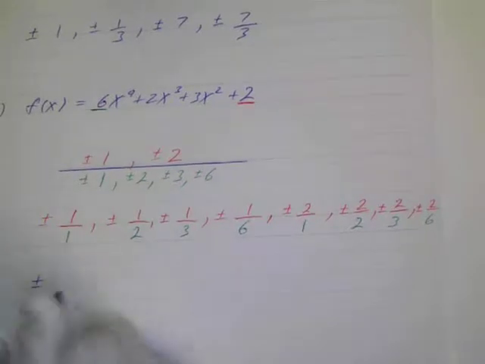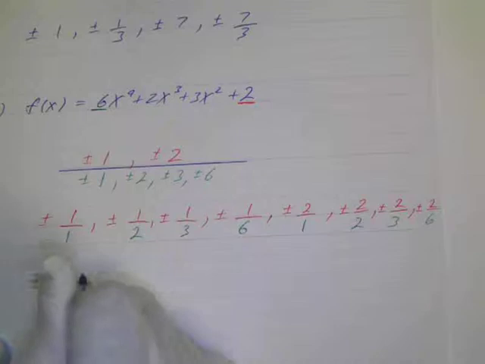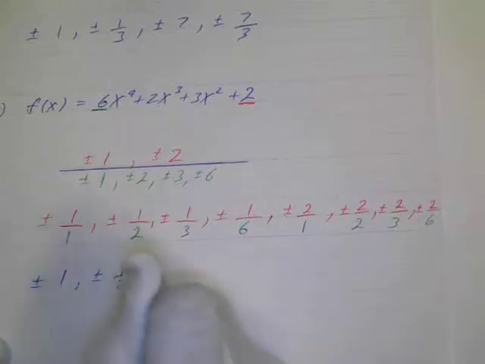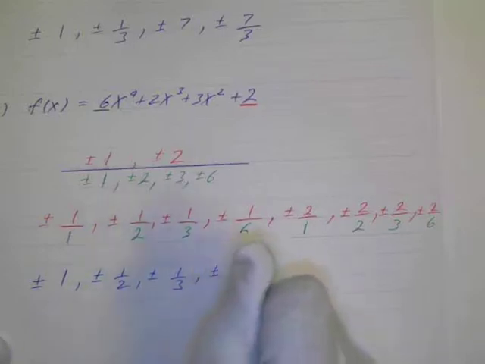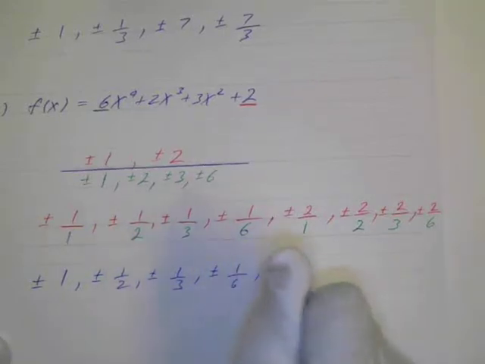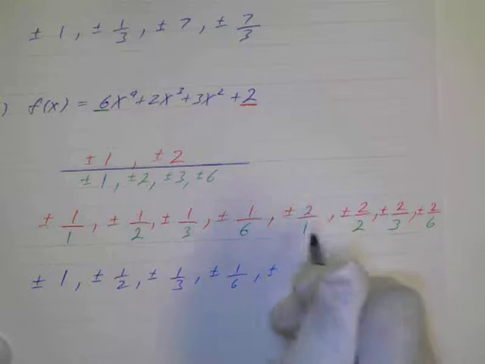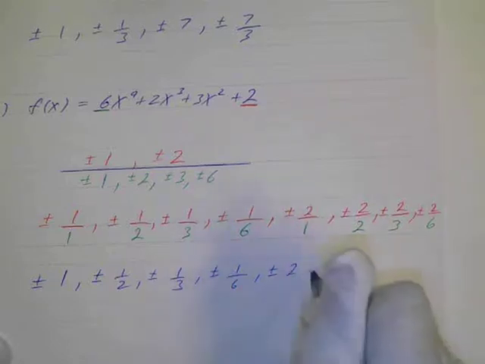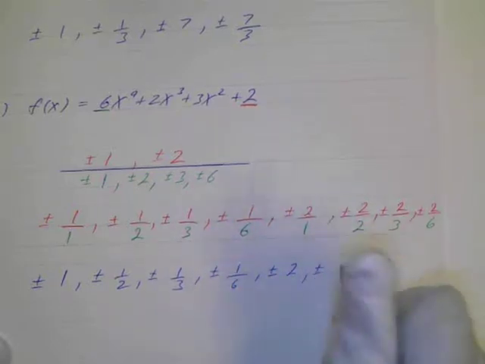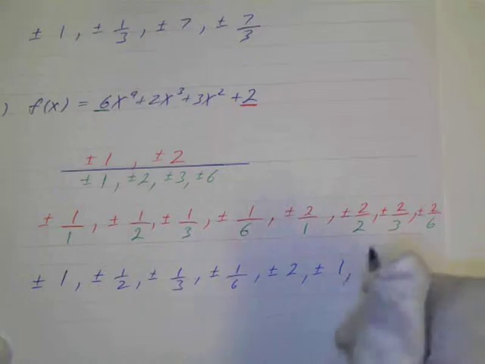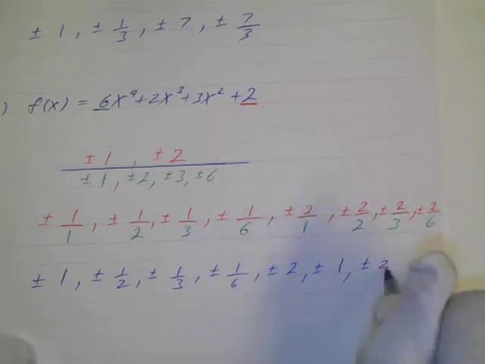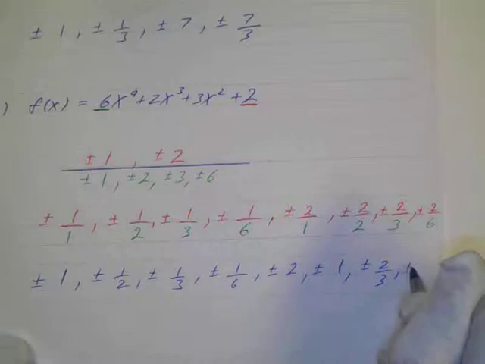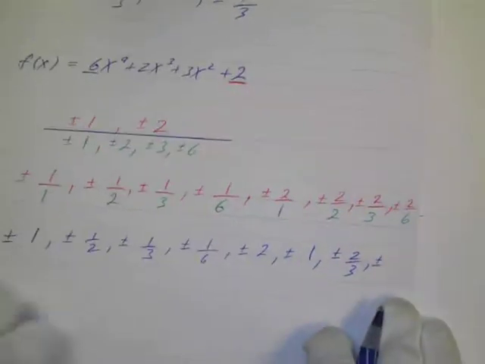So this would be plus or minus 1, plus or minus 1/2, plus or minus 1/3, plus or minus 1/6, and plus or minus 2, since 2 over 1 is just 2, and plus or minus 2 over 2 is 1, and plus or minus 2/3, and 2 over 6 is 1/3.